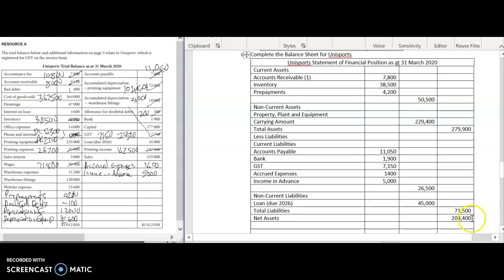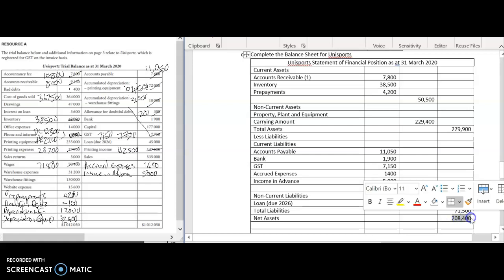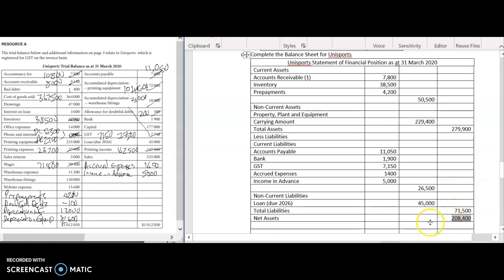And what you should do is double underline this. So that figure is going to be the balancing figure that we need at the end.